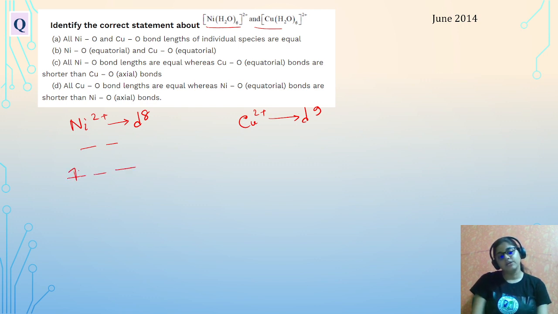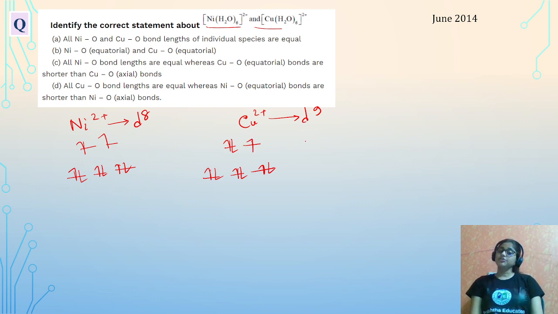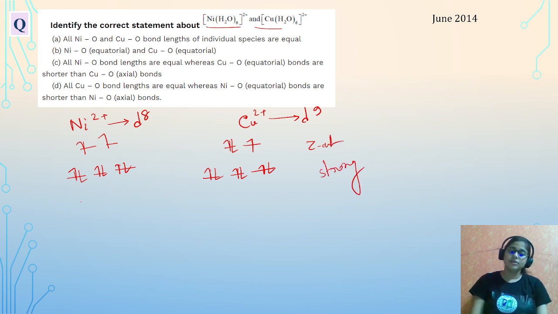So 1, 2, 3, 4, 5, 6, 7, 8. And here 1, 2, 3, 4, 5, 6, 7, 8, 9. Unsymmetrical filling of eg gives strong JT distortion, Z out. And in this case, no distortion.